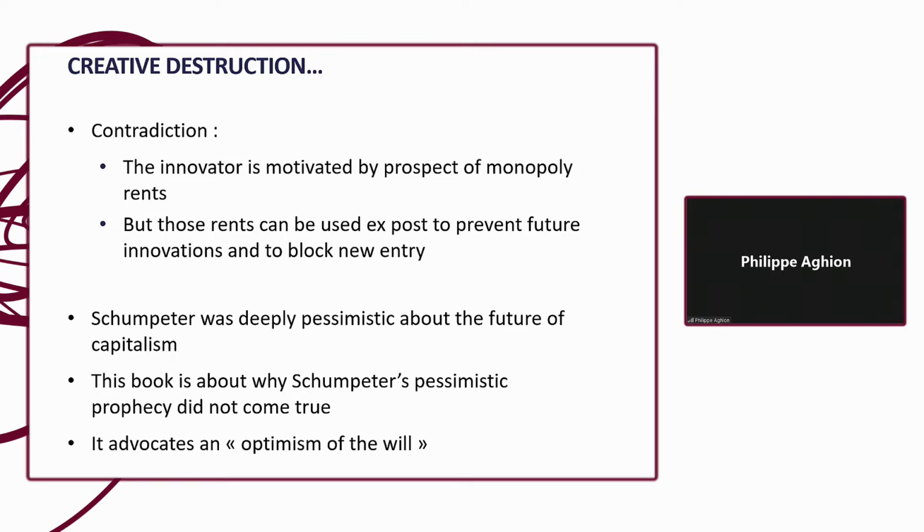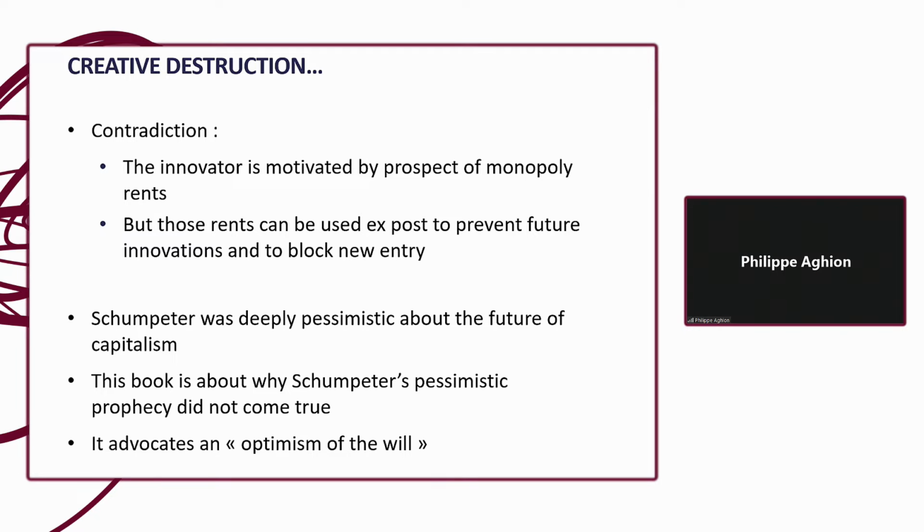They don't want to be replaced by new innovators. And what's interesting is that this contradiction lies at the heart of everything. Whether you talk about secular stagnation, inequality, middle income trap, green innovation, or you try to explain the growth takeoff in Europe in the 19th century, you always come across this contradiction.